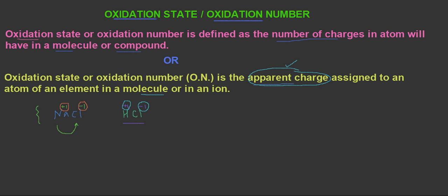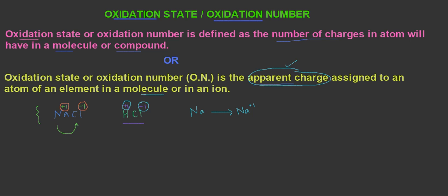As we discussed in the previous lecture, those elements which show an increase in oxidation number are oxidized, while those which show a decrease in oxidation number are reduced. So if we have a sodium atom and it loses its electron, it would be converted into sodium ion.